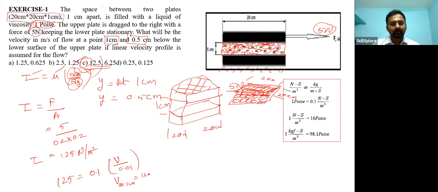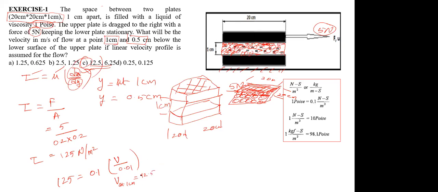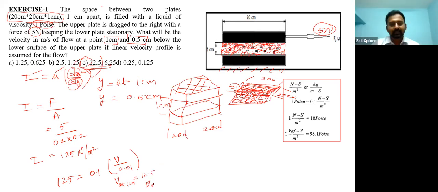Which is around 12.5. So similarly, the velocity at 0.5 centimeter gives 6.25. Okay, so this is the part.